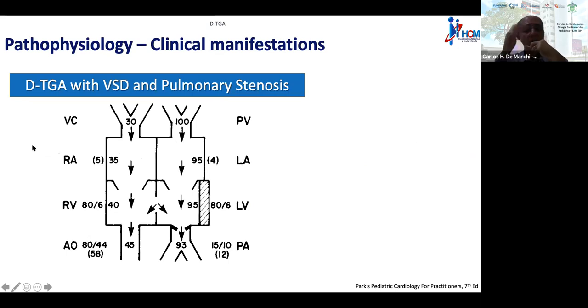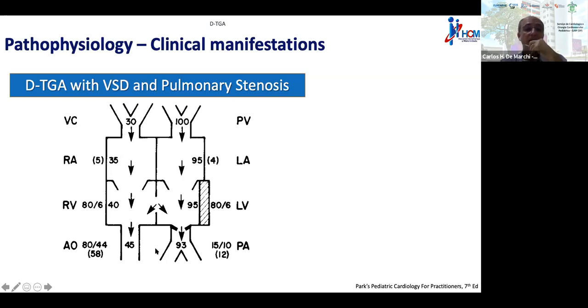And another feature of D-TGA is the one with VSD and pulmonary stenosis. Like in this scheme, we don't have dilatation of the heart. You have poor systemic saturations. Why? In this example, there's no ASD, which would be good to increase systemic saturation. There's a VSD that is just good for the left ventricle pressure, and hypertrophy of the right ventricle because of the left ventricle outflow tract obstruction.